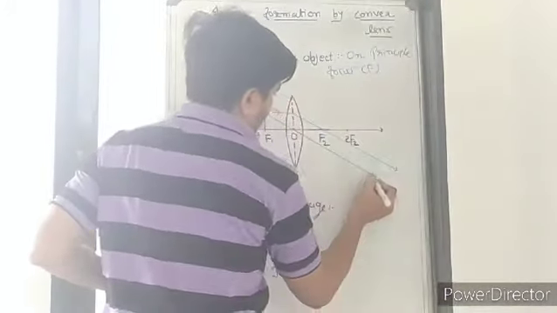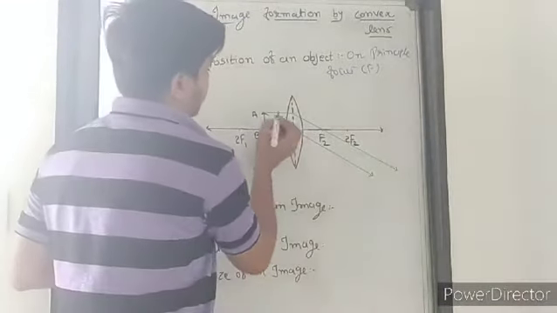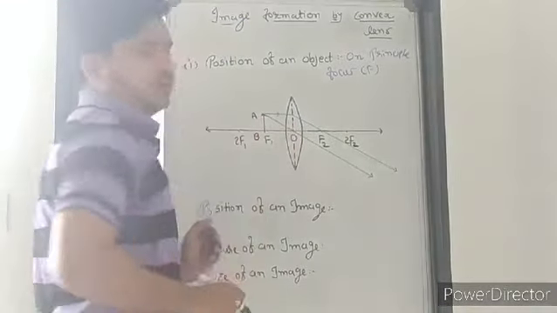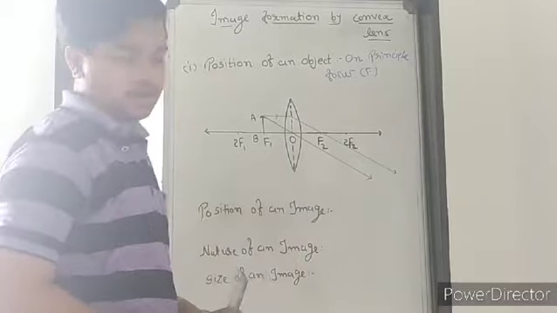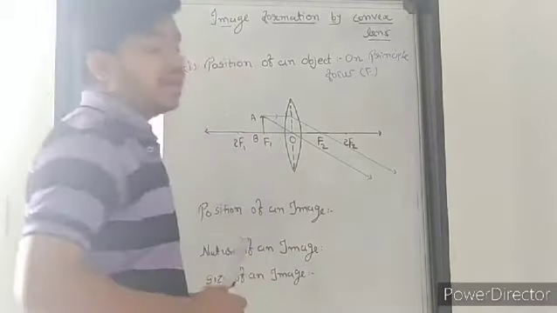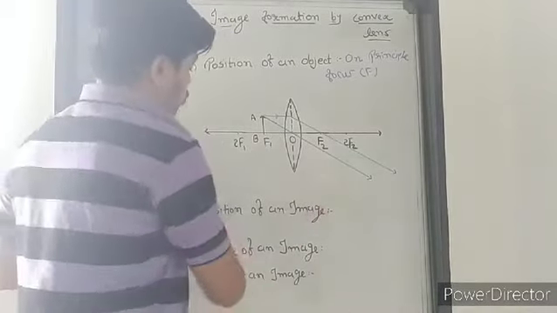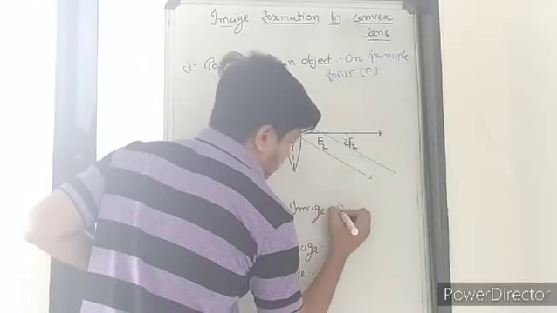You can see here both the rays are parallel to each other. If they are parallel, then you can say that they will meet at infinity. So the position of the image is at infinity.